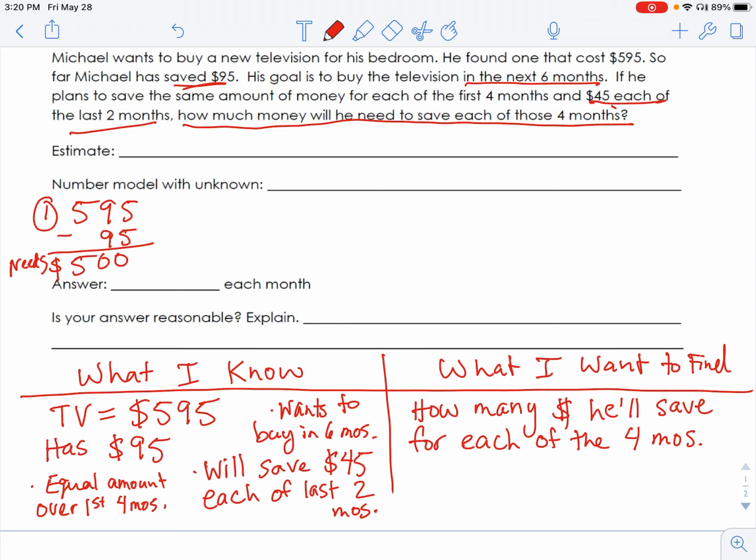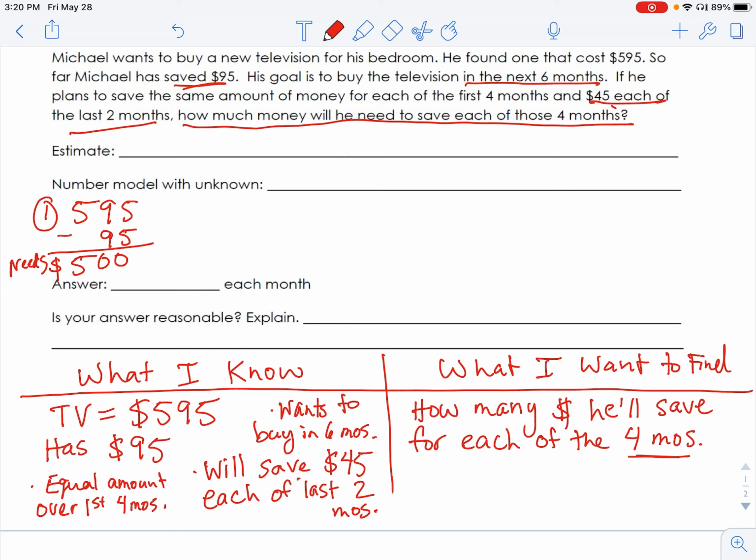Now let's look at how what I know can help me with what I want to find. So we already did step 1, right? We figured out he needs $500 more. Well, before I can find out how much he'll save in the 4 months, I'll want to know how much he'll save in the last 2 months, right? And I could take that away from what he needs left.